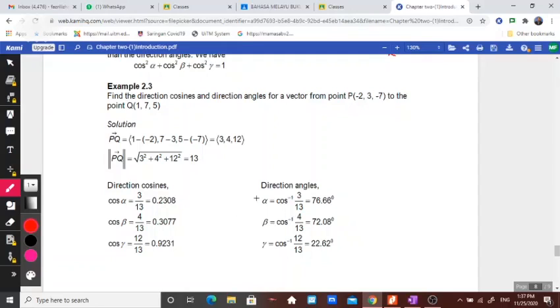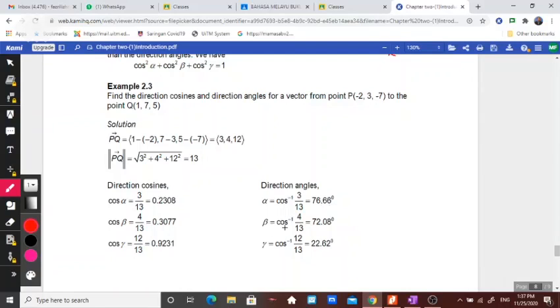For the direction angles, we take the inverse cosine of the values of the direction cosines. For example, for alpha, we use arc cos 3 over 13, so we get the angle in degrees, 76.66 degrees.